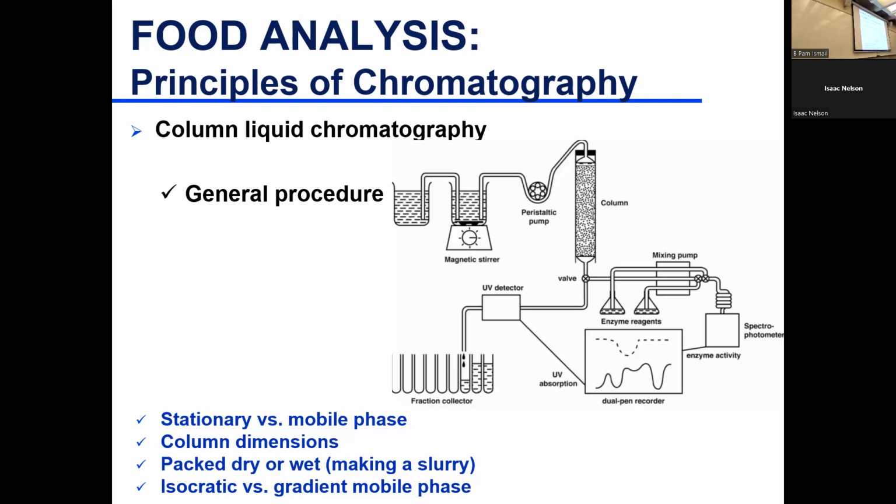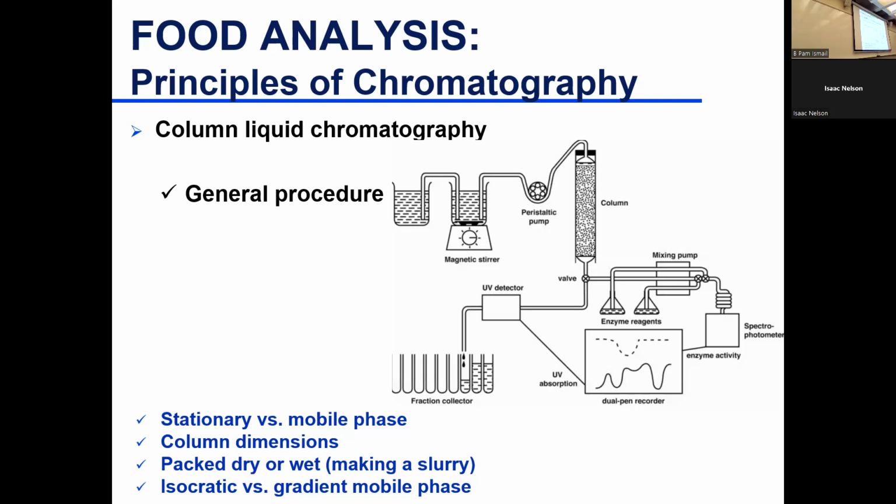Let's say you're separating a particular compound and you want to determine its concentration using an enzymatic assay. So you get the compounds, which might be a substrate to the enzyme, and then you add reagents, you have the activity of the enzyme, and then you plot the activity of the enzyme for the different constituents.